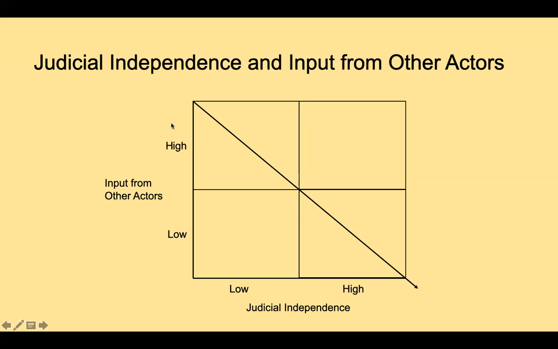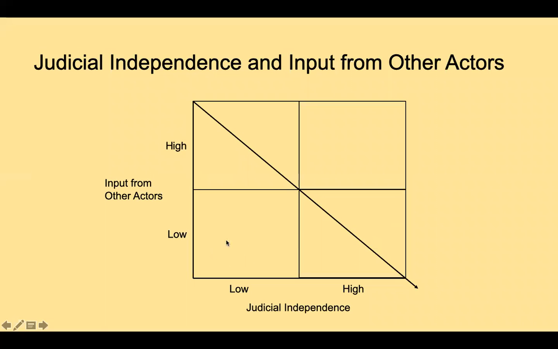Where input from other actors is very, very high, independence is going to be quite low. That's this first quadrant here. Where input from other actors is relatively low, judicial independence is going to be much, much higher. And that's this quadrant here.